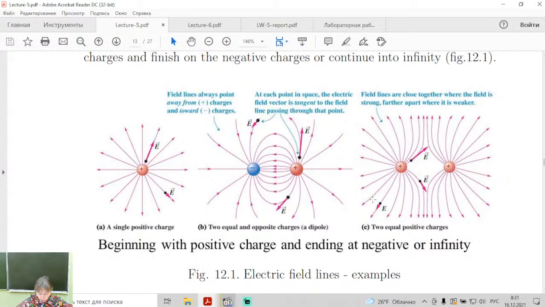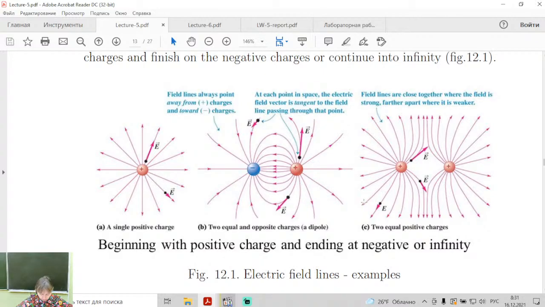At some point of the electric field, the intensity is equal to the ratio of the force affecting a charge placed at this point from the electric field to the value of this charge.